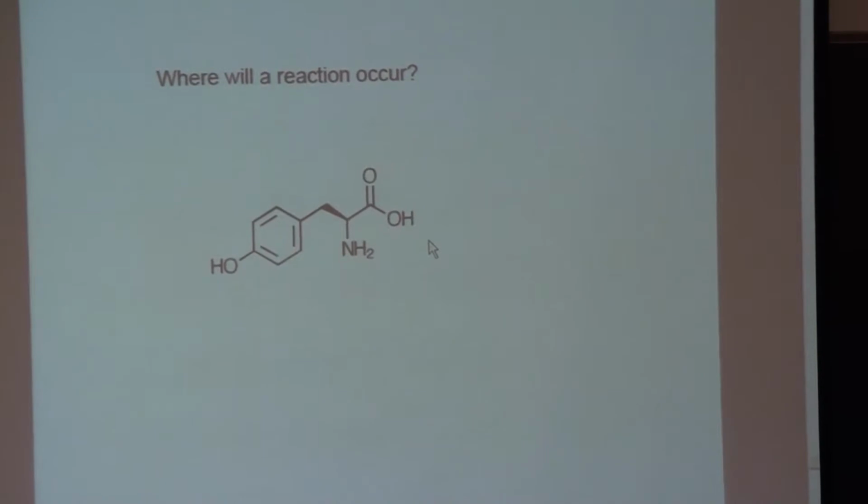Okay, so you figure out where a reaction occurs. This compound has a phenol group. Okay, so I'll write down a few more reaction conditions and we can figure out what's happening here. Number one, how does this react with NaOH? And then how does it react with, say, HNO3 and H2SO4?